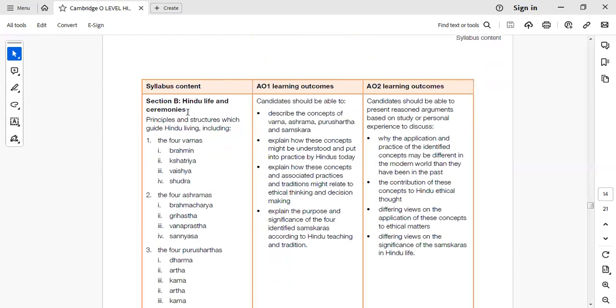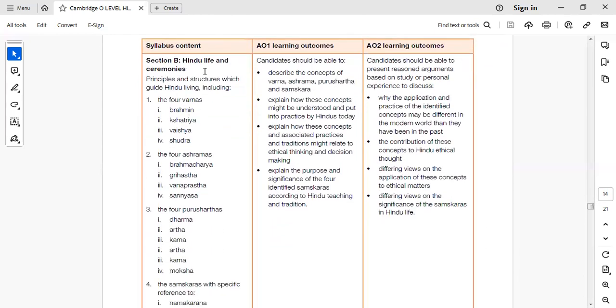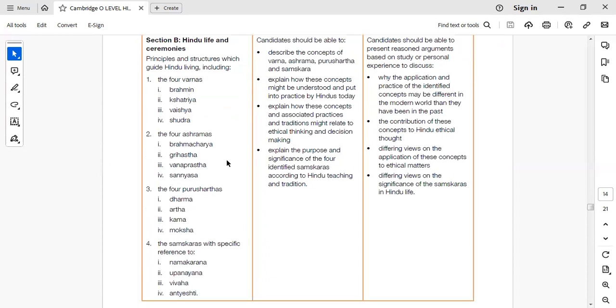Then paper 2, section B, Hindu life and ceremonies, right? You can say this section is elaborated. We have the 4 Varnas, which in English we say the caste system, right?